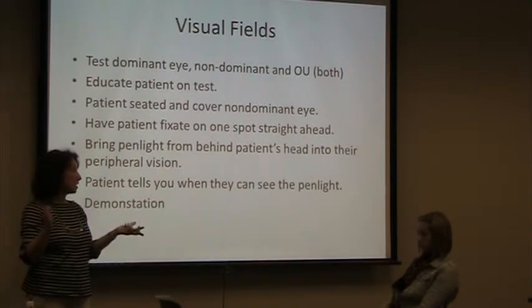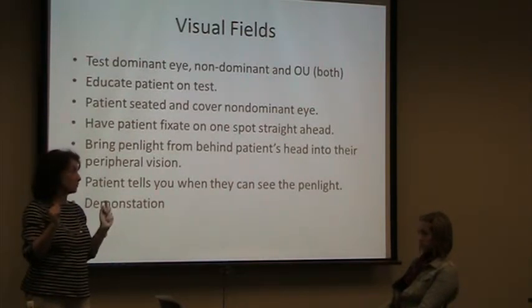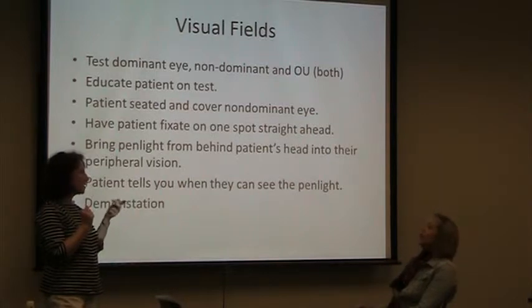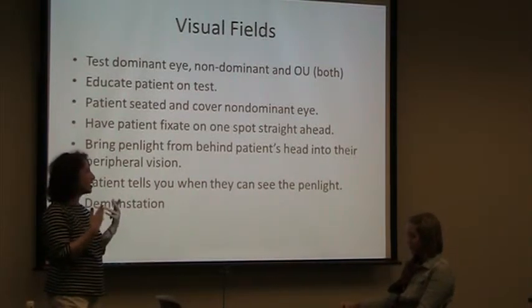What I'm testing is to see if you have lost any of your visual field. Like you just got out of the hospital last week and you had that stroke, and you've been walking into stuff on your right side. That's what we're testing, to see if you've lost some vision on the right side, and that's why you're bumping into stuff.